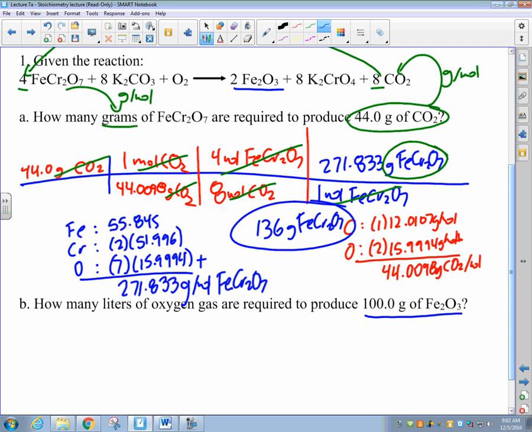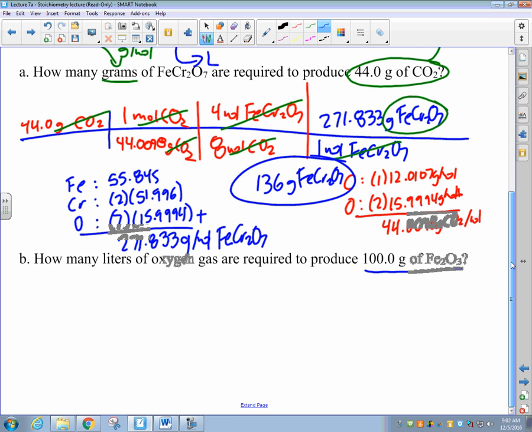Once we have the grams to moles of ferric oxide, we can go from moles of ferric oxide to moles of oxygen gas using our mole ratio. And then from moles of oxygen gas, we can go into liters of oxygen gas using our mole map conversions from moles to liters that we talked about last week. Okay. All right, so let's set it up again here.